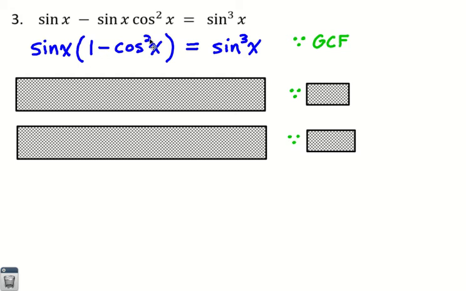Okay? And now what I'm going to do is bust out the Pythagorean identity, because like I've been saying, 1 minus the cosine squared, you can use the Pythagorean identity. I hate to be repetitive, but the traditional way we write the Pythagorean identity is sine squared plus cosine squared equals 1.